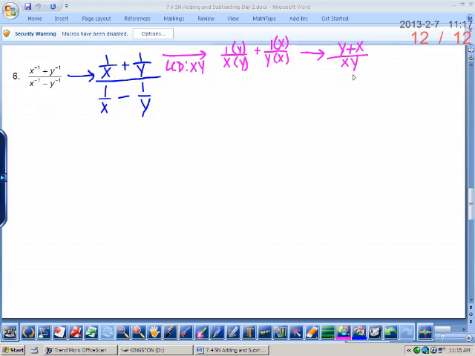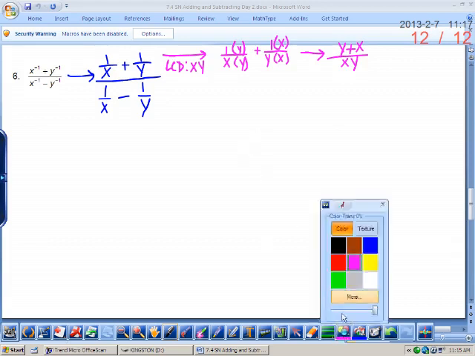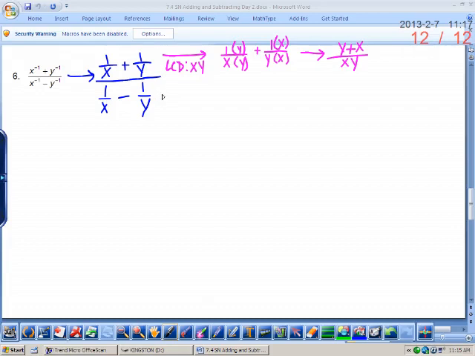Did you get y plus x over xy for your numerator? Yes. All right. Any questions about that? You okay, Ashton? Yes. Okay. Now let's simplify your denominator. What's our LCD for our denominator? xy.